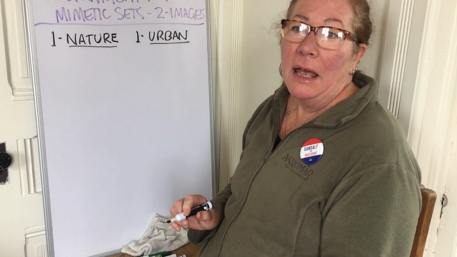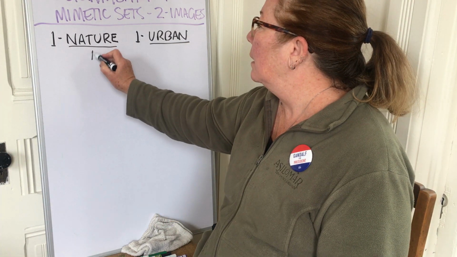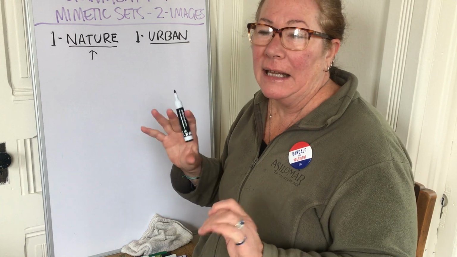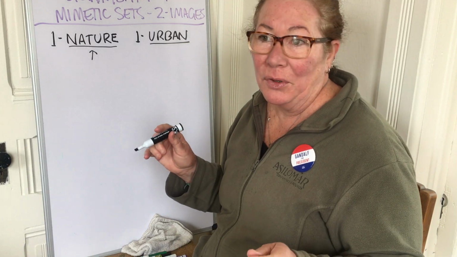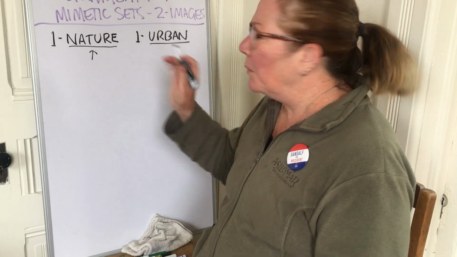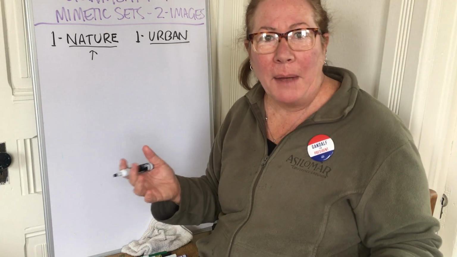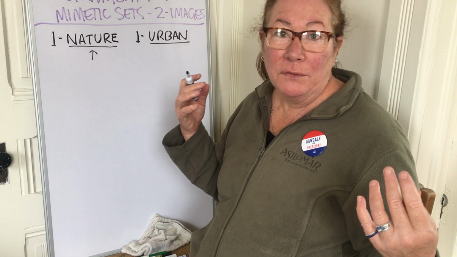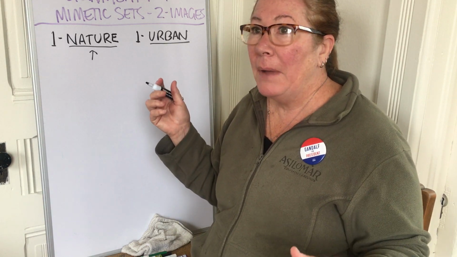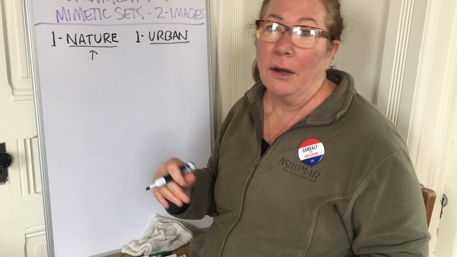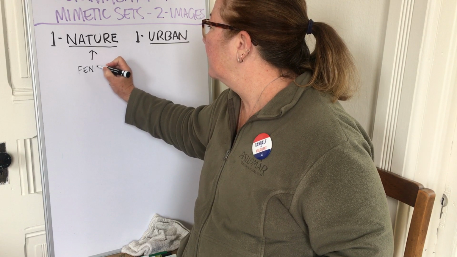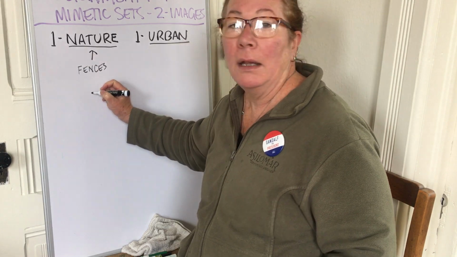That means there's nothing in this one that has anything to do with humans, nothing human made. So what does that mean? When I'm talking about this in class, my students will come up with some things. What are some things that might be a clue that humans have been there? Well, fences, right?